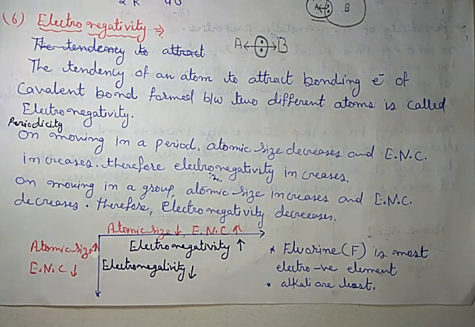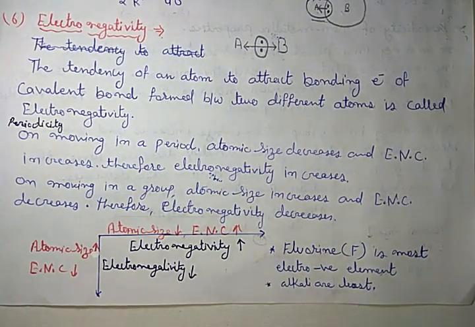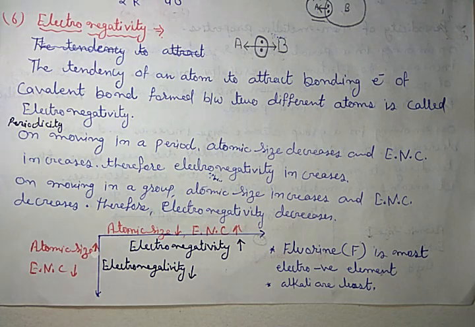Fluorine, that is a halogen, which is placed in the 17th group, is the most electronegative element. One thing that may come to your mind is that there is an 18th group also, so why does the 17th group have the maximum? Because 18th group elements are noble gases, and noble gases do not have a tendency to attract electrons because they are already satisfied with their valency.